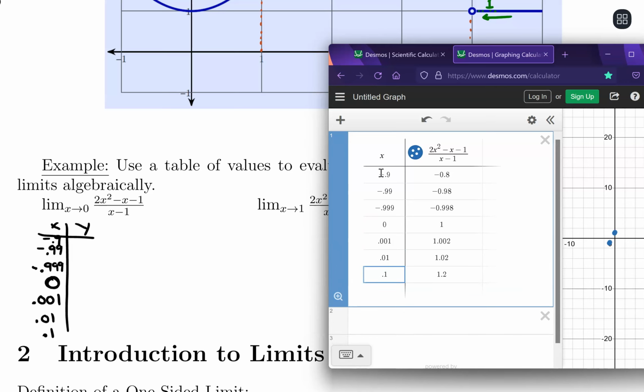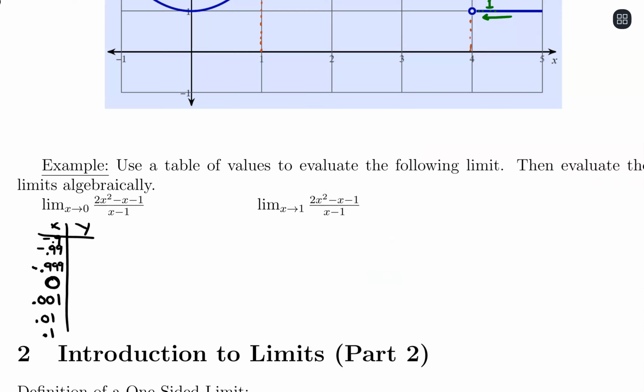Okay, so from the table, we have this negative 0.8, negative 0.98, negative 0.998. And it doesn't line up, and that's because I apparently just didn't wake up enough. I'm going to leave that in there. Sorry. That's not how 0 works.